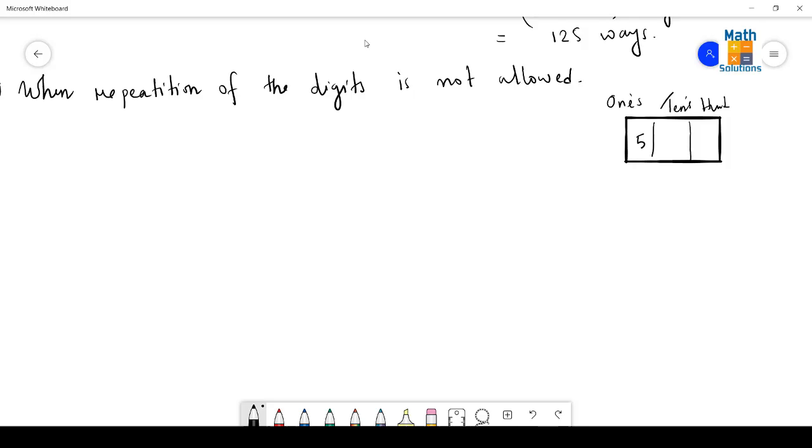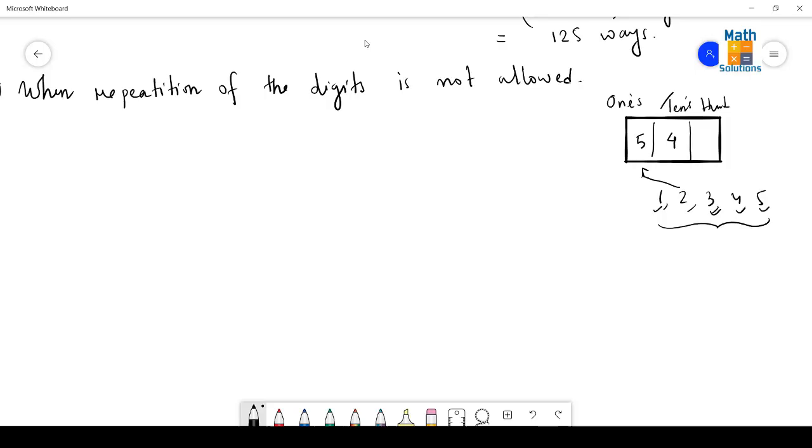Suppose out of 1, 2, 3, 4, 5, I have chosen 2 for ones place. How many options are left in my hand for tens place? Of course, these 4 digits are left, yes or no? So for tens place, there are 4 options in my hand.